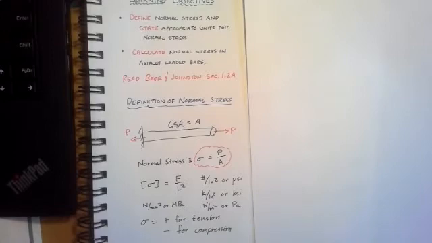The units of sigma, denoted by the brackets here, are F over L squared, force per length squared, or force per area. And that can take on several different units that we'll use from time to time. It could show up in pounds per square inch, or PSI. It could show up in kilopounds per square inch, or KSI.